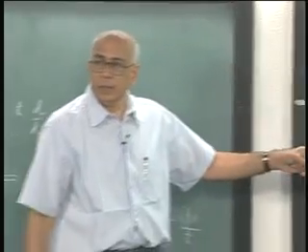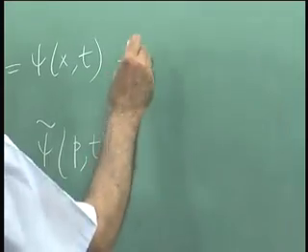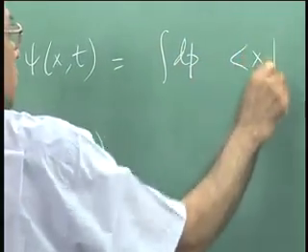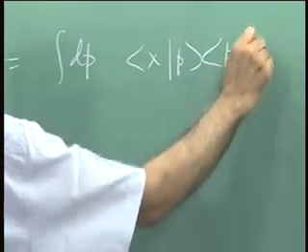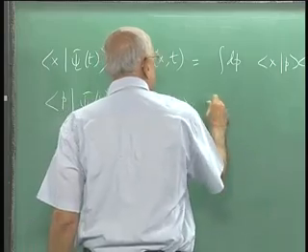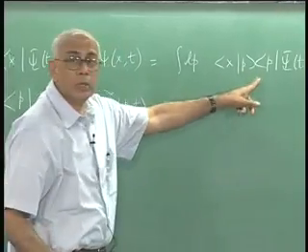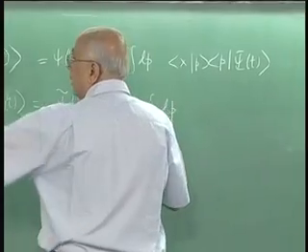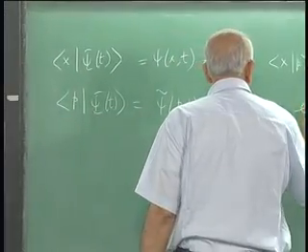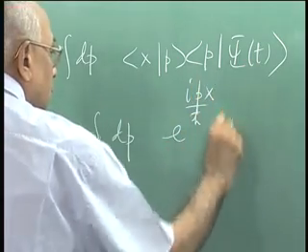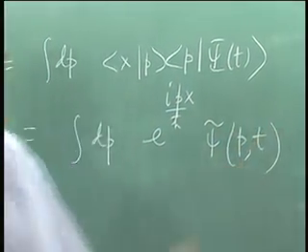This psi tilde of p and t was related to, you could put a dp and then <x|p><p|psi of t>. I insert a complete set of states there, the unit operator when I sum over p, so this is equal to the integral dp, but <x|p> is e to the i p x over h cross, and this quantity is psi tilde of p and t.